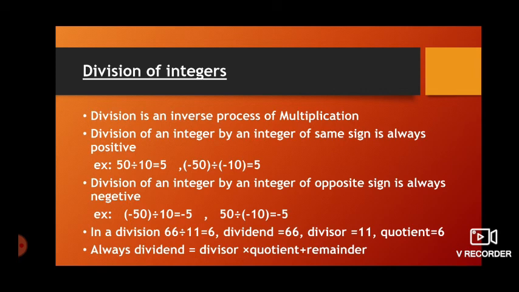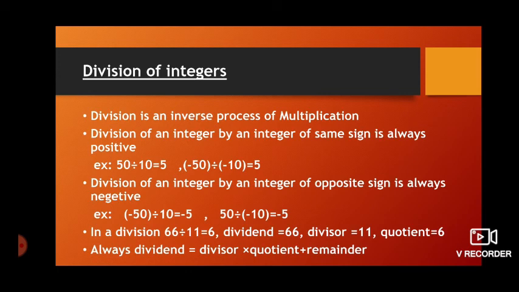Rule number 1: if we divide an integer by an integer of the same sign, that means if both dividend and divisor have the same sign, then we will get a positive result. Example, 50 divided by 10. Both are positive, 50 is positive, 10 is positive. So 50 divided by 10 is equal to 5, that too will give plus 5.